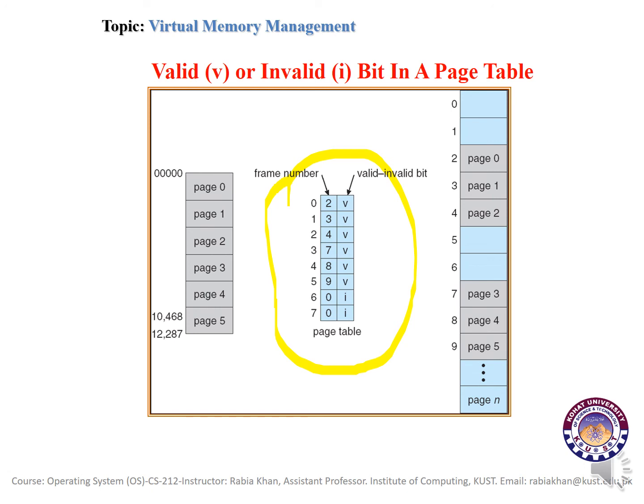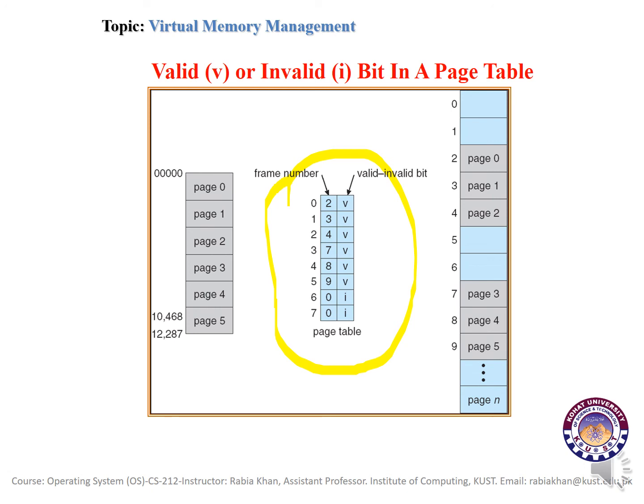Also, the page table shows if the page is valid or invalid. Since we have pages 0 to 5 in main memory, they are represented with the symbol V in the page table. That means these pages are present in main memory. V is represented to make you understand that this is a legal page of the process in main memory.